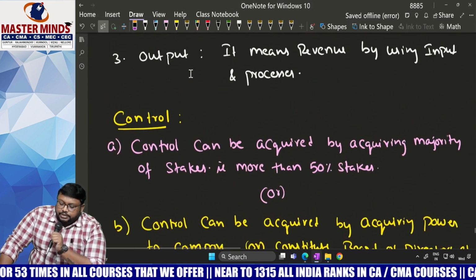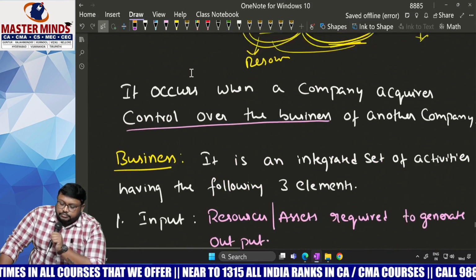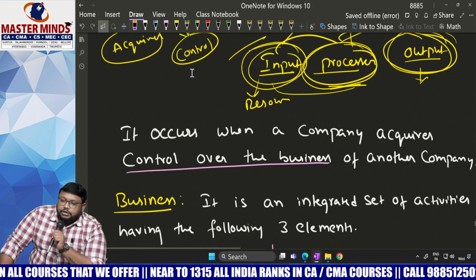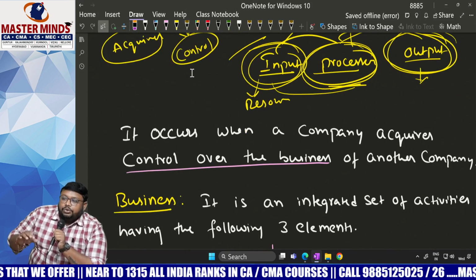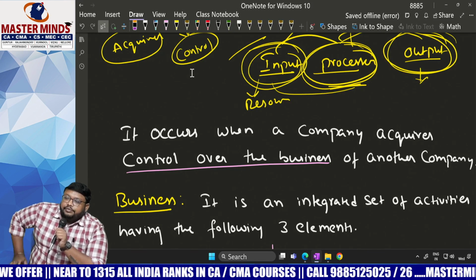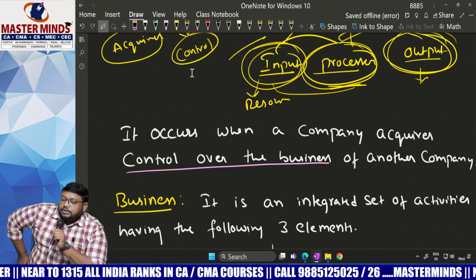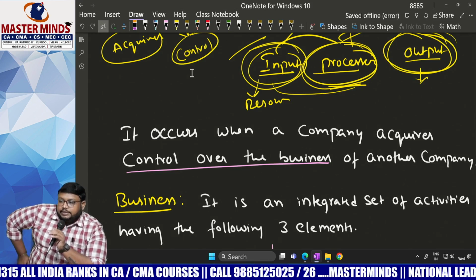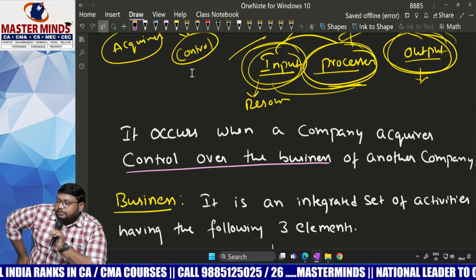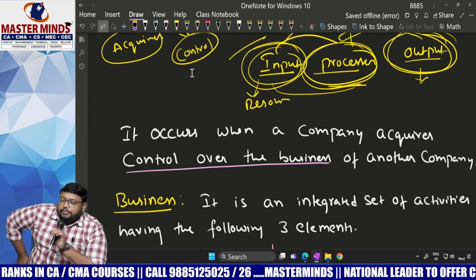So once you go through this, business combination will occur when we are having a control over the business of another entity. Control over the business means we have two aspects, control and business. Business means the integrated set of three activities: input, processes, output.